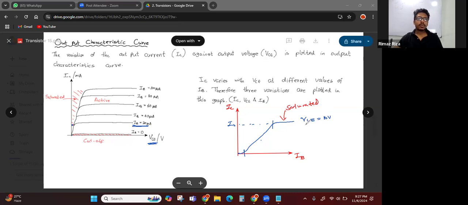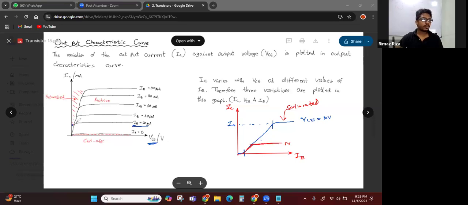But if you have a lower VCE value, something like 2 volt, or even smaller, 1 volt, then as you increase the IB, the output circuit battery can generate only a small current, so the current will be saturated. No matter how much you increase the IB, it will reach a maximum value, so it will be saturated very soon.